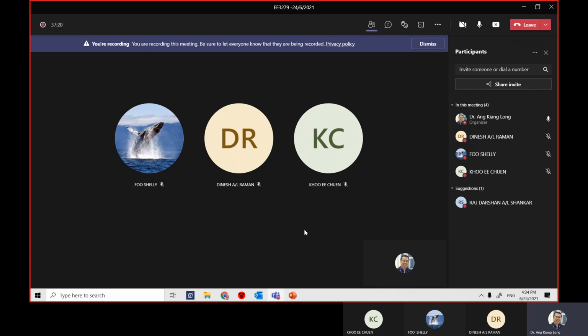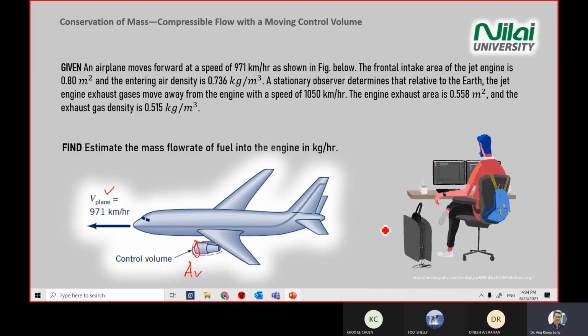Okay, cool. What is the parameter that you have when you take velocity times area, what do you get? What is the parameter that we are looking at? Okay, I'm back to the screen here. You have been given the area of the engine here.